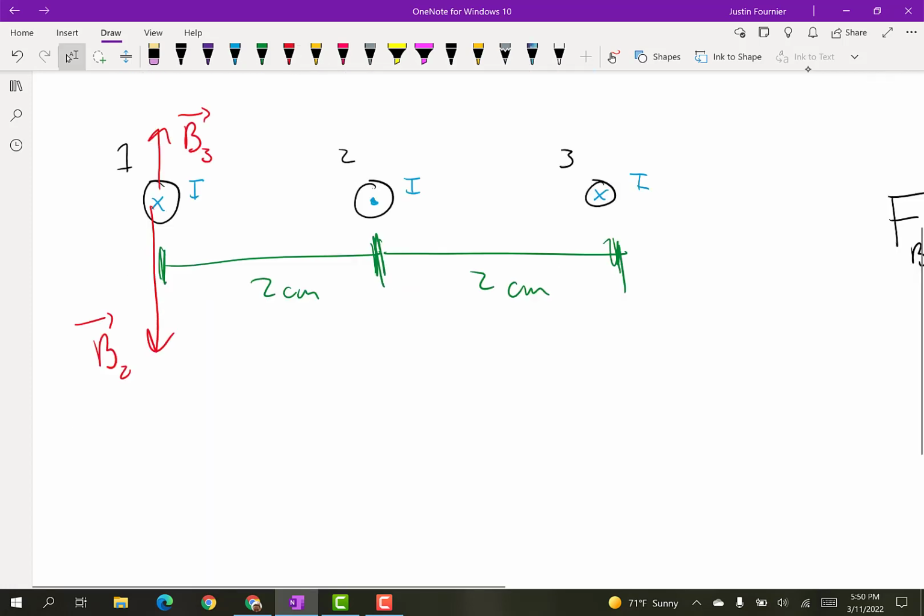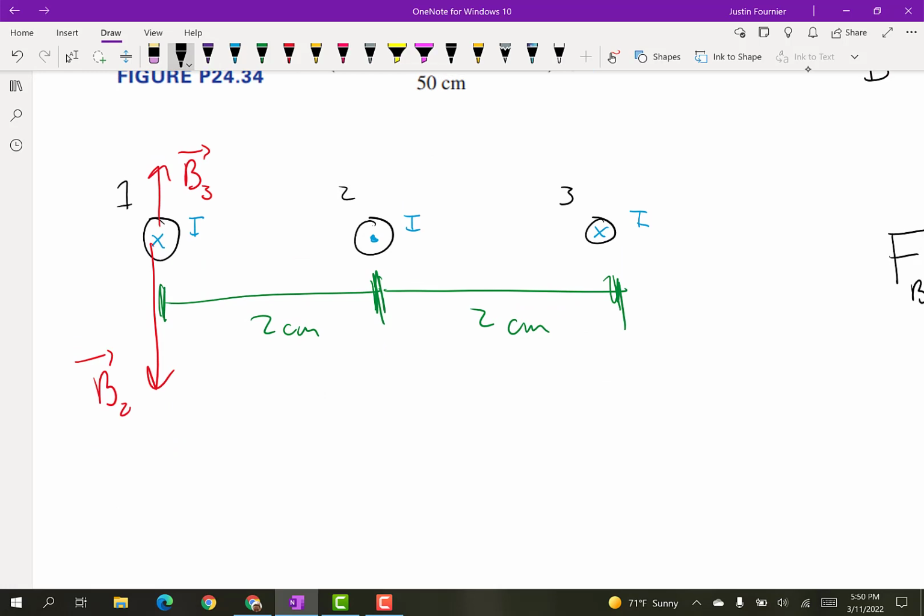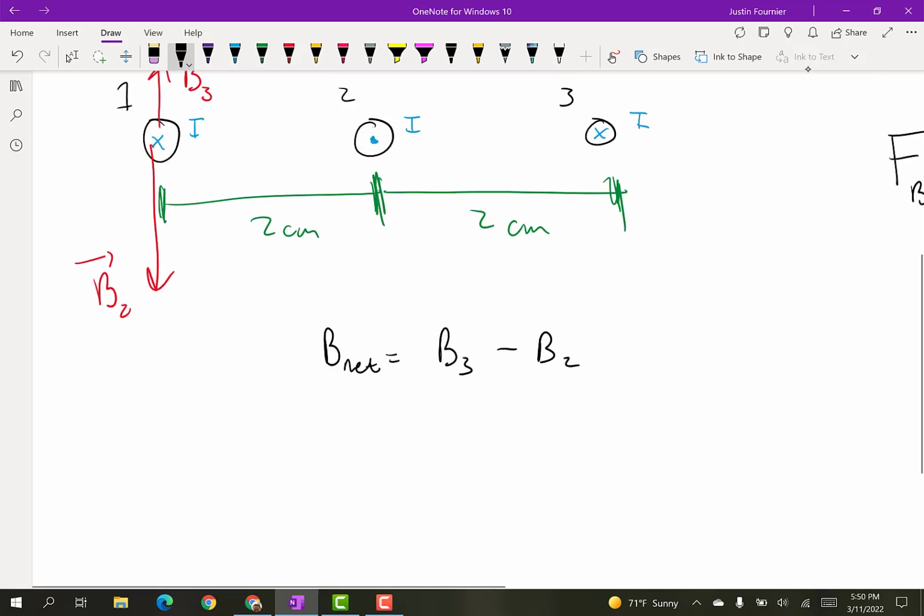Next up, I'm going to find the net magnetic field. That's just going to be B3, because it's pointing up, minus B2, because it's pointing down.